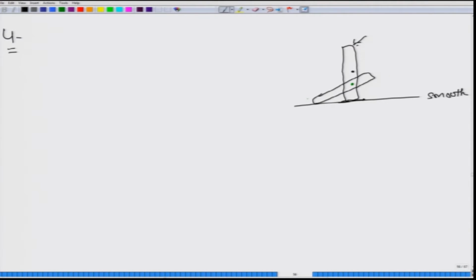Our objective in this problem is to find the velocity of the center of mass. For that, we know the total energy, which is kinetic energy plus potential energy, initially when the rod is not falling down, is this, where K naught is 0 because the object was not moving, and U naught is mass times gravity times the height of the center of mass.